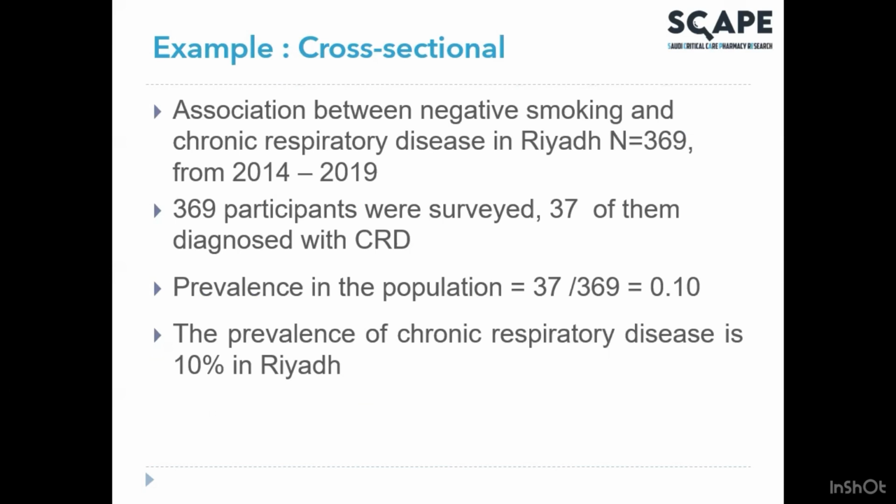So the prevalence in this population is 37 divided by the total population of 369, and it happens to be 0.10. So we can say here the prevalence of chronic respiratory disease is 10% in Riyadh.